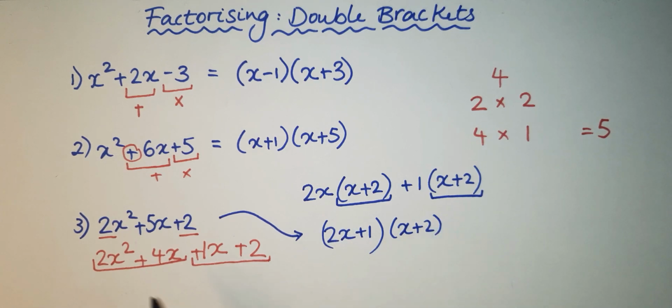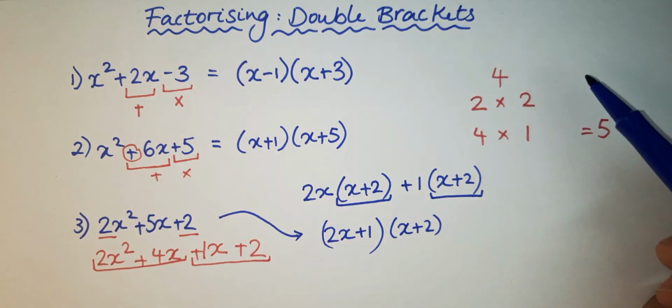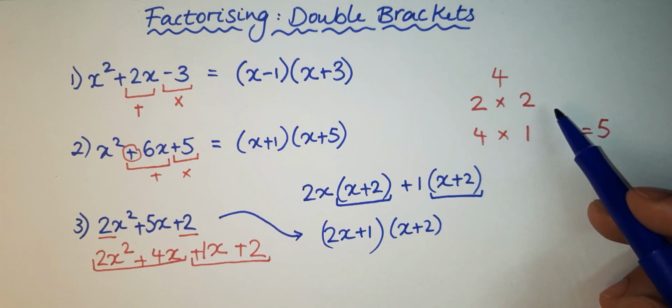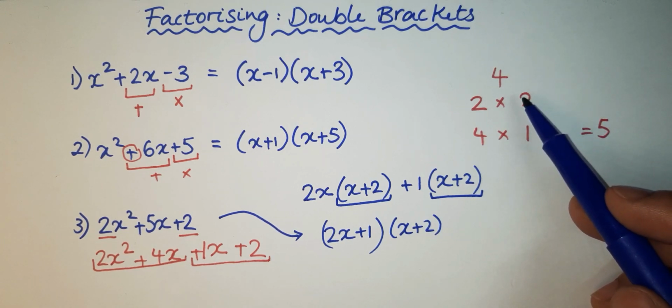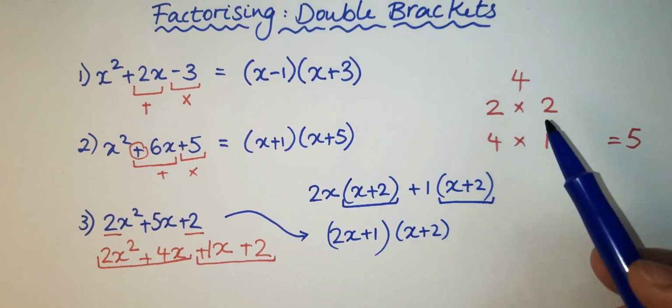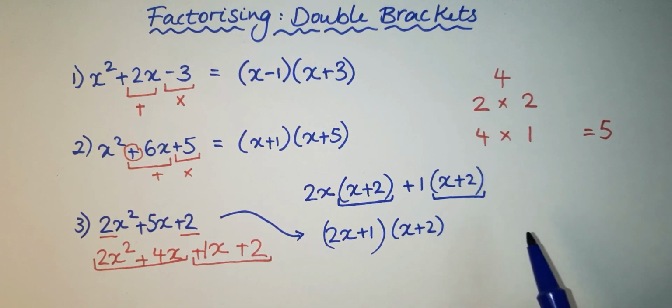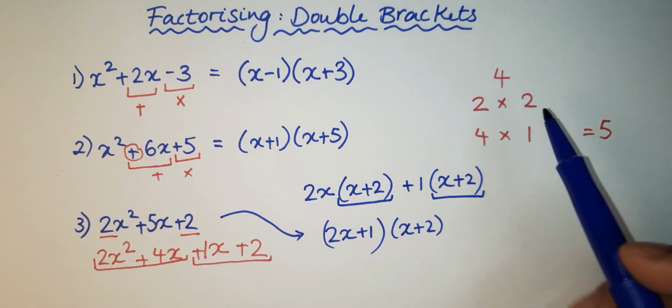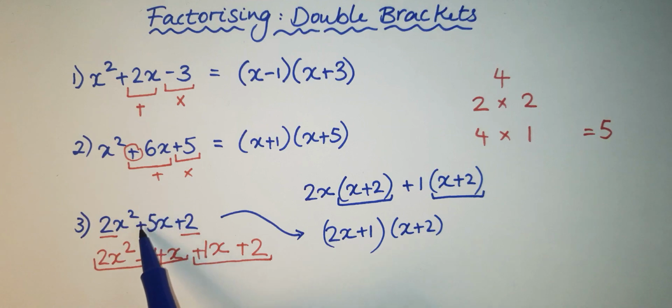So what we've done is multiplied the coefficient of x squared by the c value, that's ax squared plus bx plus c. So a multiplied by c has given us 4. We list out the numbers that you multiply together to get 4, and we need to find which pair adds up to the 5x.